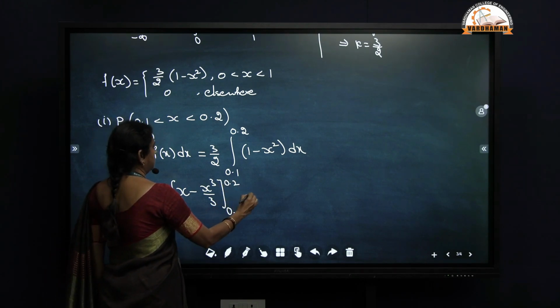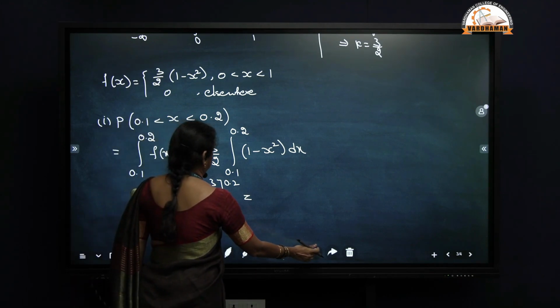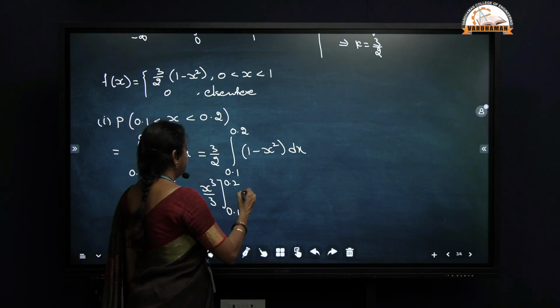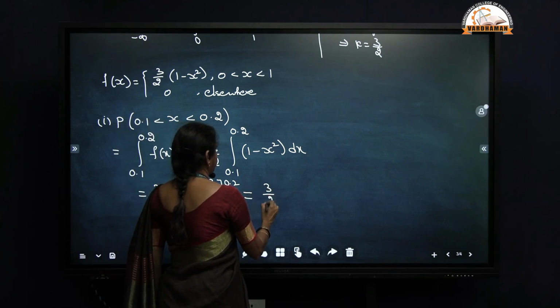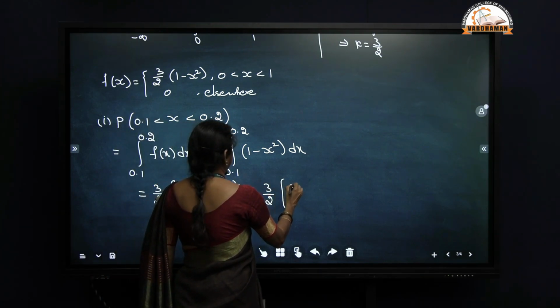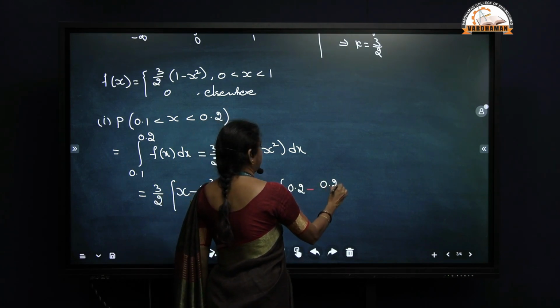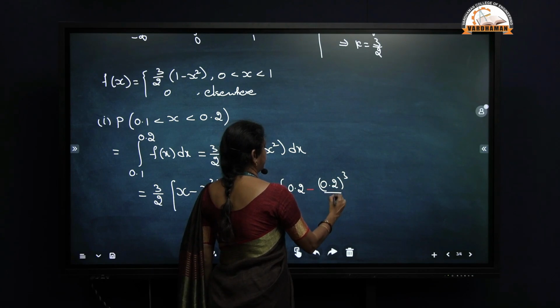So this is equal to 3 by 2, substitute the upper limit 0.2 minus 0.2 whole cube by 3.